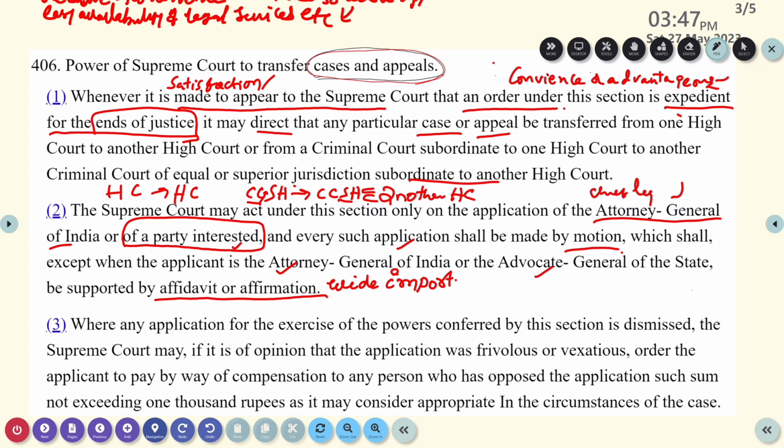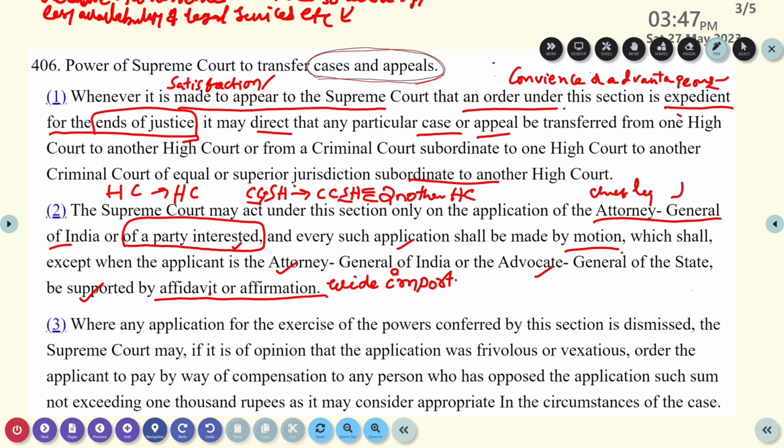In all other cases, the petition should be supported by affidavit or affirmation. We know that normally every petition will be supported by an affidavit.